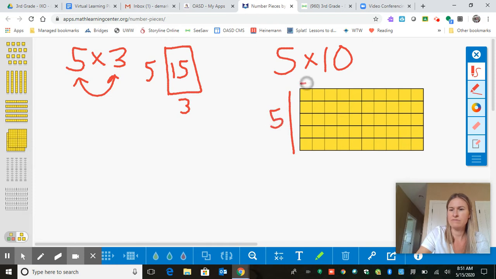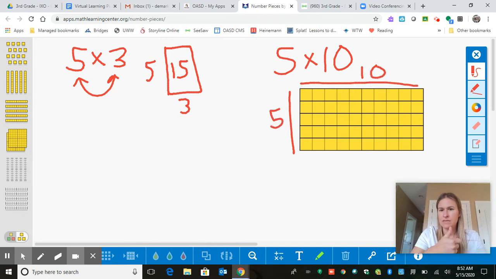A 5 by 10. 10, 20, 30, 40, 50. Cool. Did you get 50 too? Nice. So 5 times 3 is 15. 5 times 10 is 50.